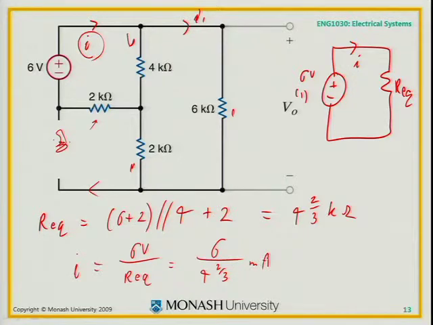That's a little bit messy. That equals 9 on 7 milliamps, I think. 3 4s are 12, 14 on 3, 18 on 14, which is 9 on 7 milliamps.